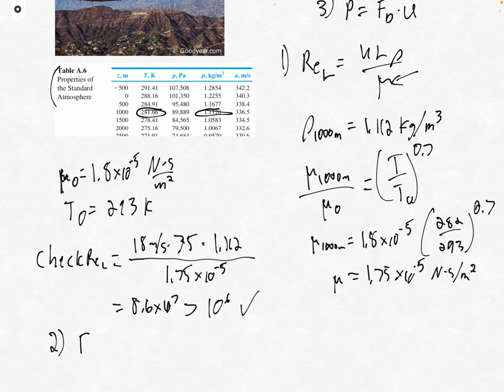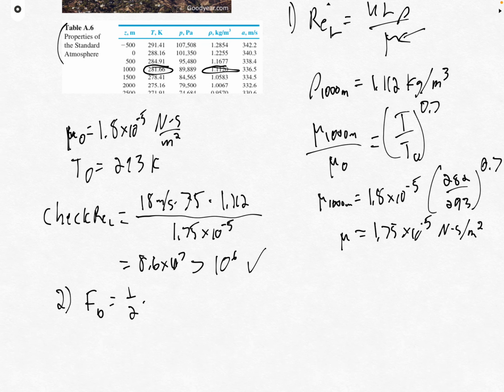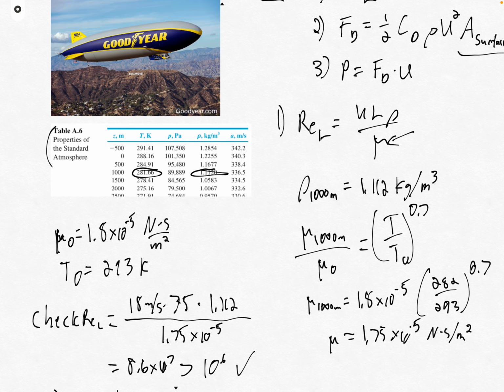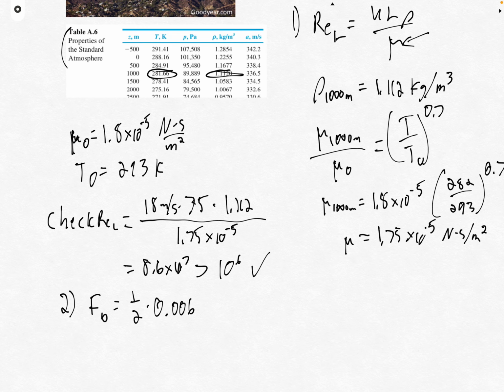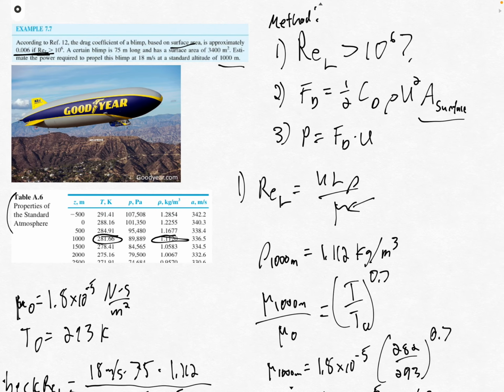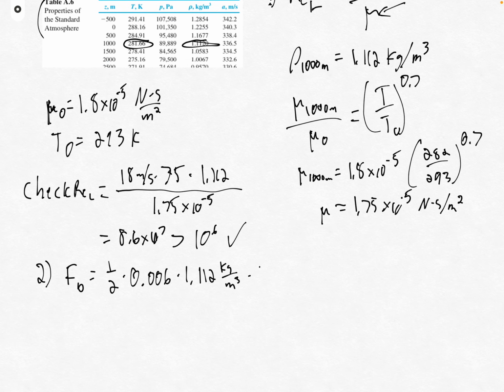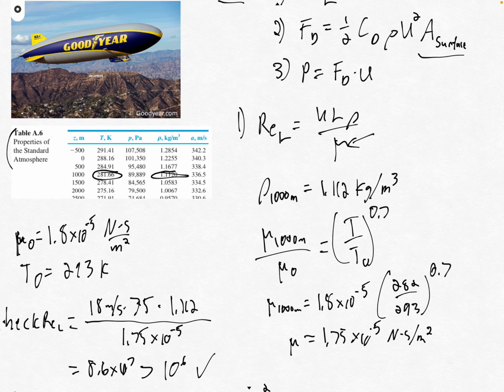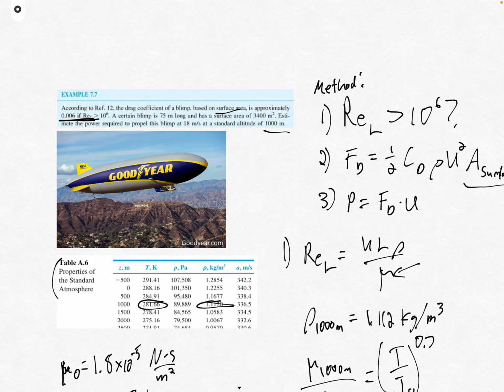So the force due to drag is 1/2 times the coefficient of drag, which is 0.006, times the density, 1.112 kilograms per meter cubed, times our velocity squared. Velocity again is 18 meters per second, so it's 18 meters per second, whole thing squared, times our surface area, which here is 3,400 meters squared.